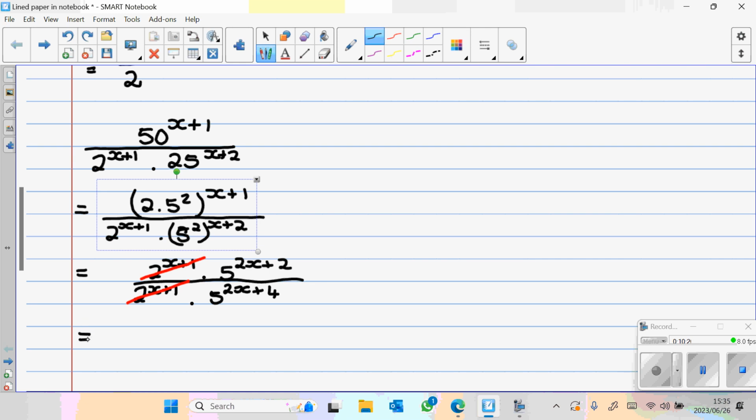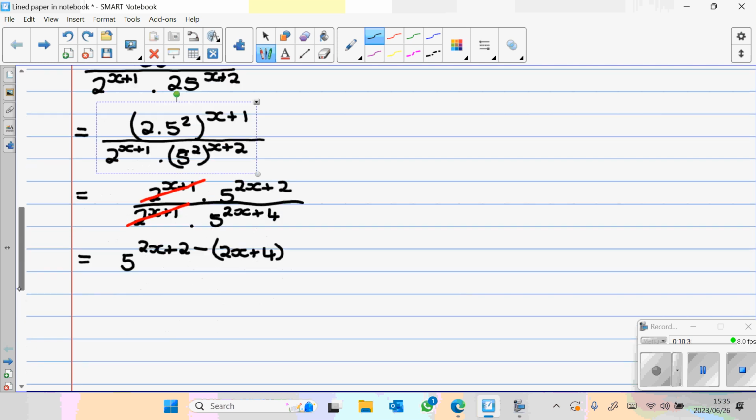But let's do this. It is 5 to the power 2x plus 2 minus 2x plus 4. And remember, I put it in brackets because the minus is going to influence the signs.